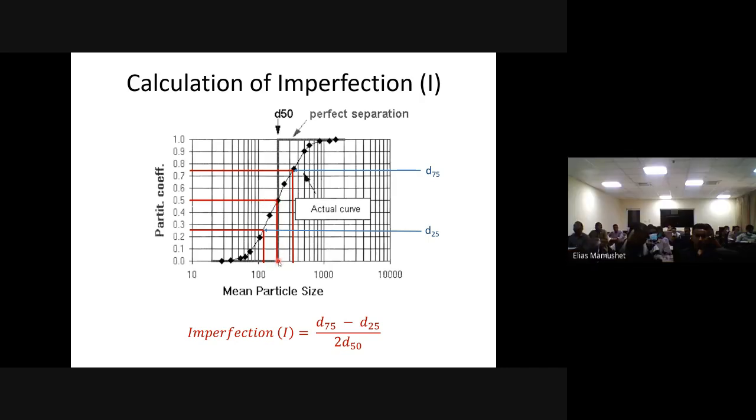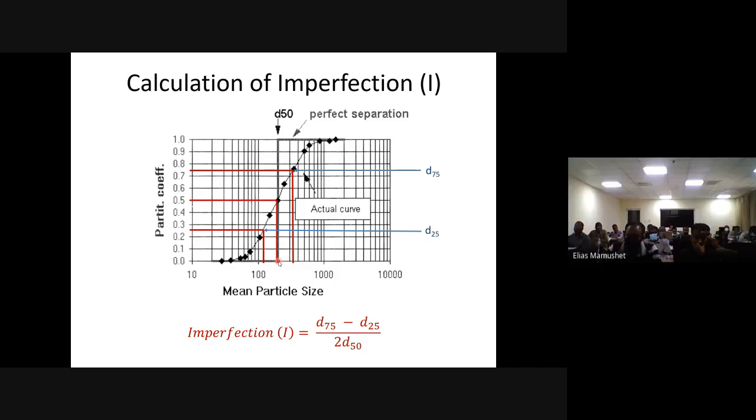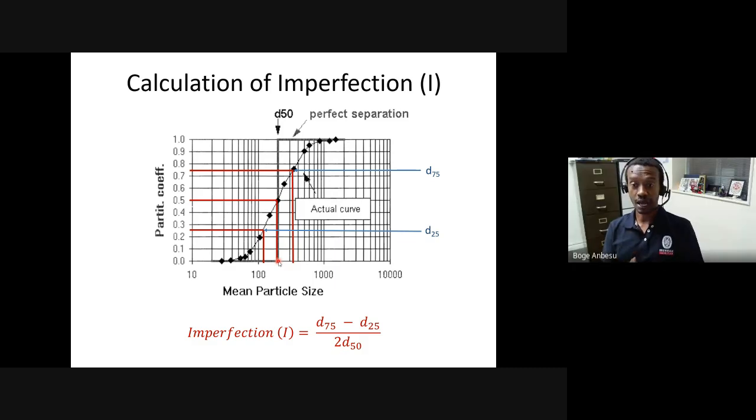So if I say my screen has an aperture size of 100 millimeters, that will be my screening size. Smaller particles than 100 will pass through. Coarser particles than 100 will overflow and be collected as the coarse portion.